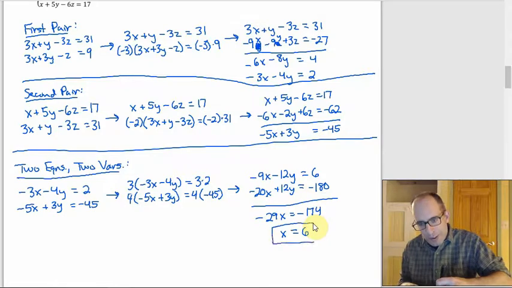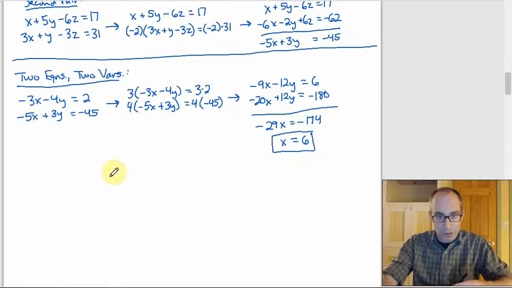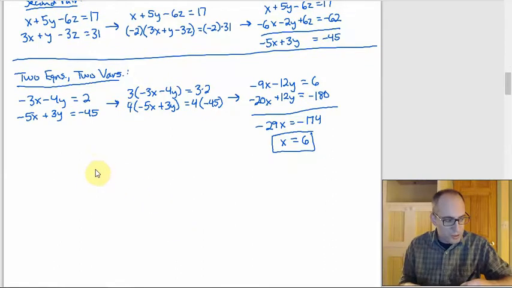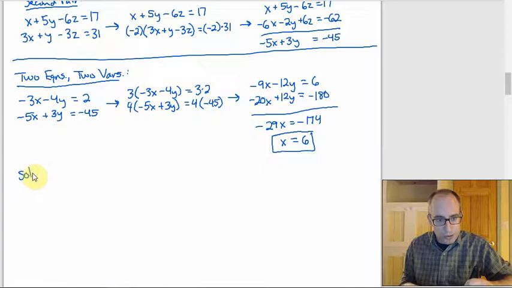All right, so there's one number of the ordered triple, but now we need the other ones. So we have these equations in x and y. We could use them to get y, and that's what you would do. So the next thing would be to solve for y. I'll just use the first one.